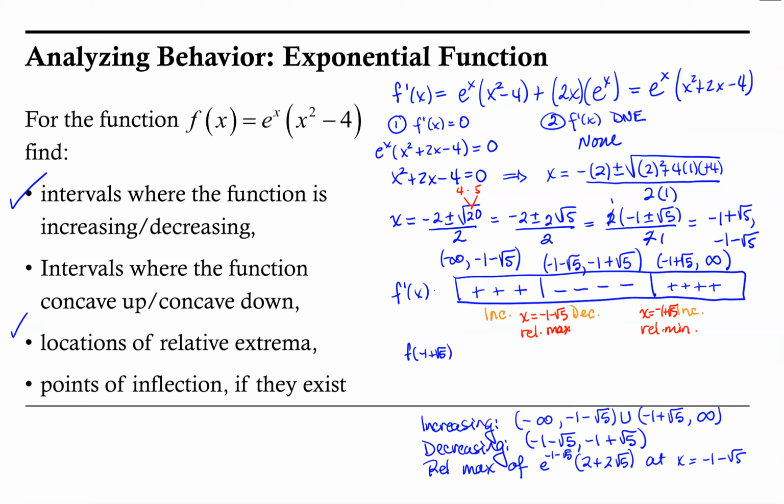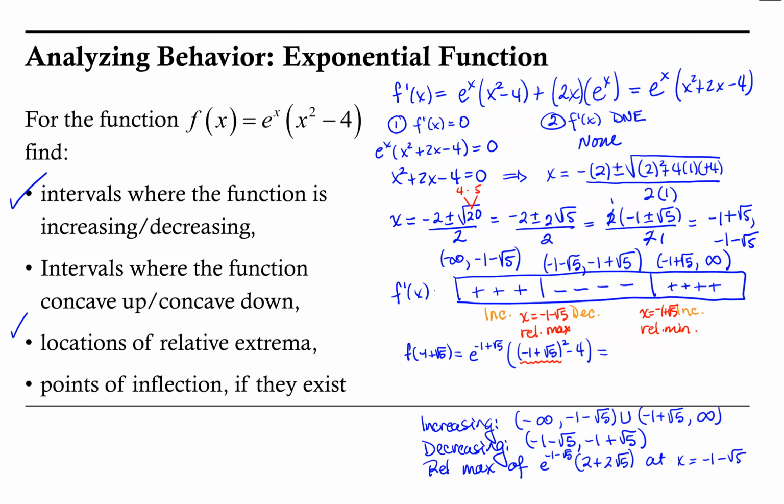Now we're looking at f at -1 plus square root of 5. So we have e to the -1 plus square root of 5 times -1 plus square root of 5 squared minus 4. And again, we'll have to use the distributive property to multiply out that -1 plus square root of 5.